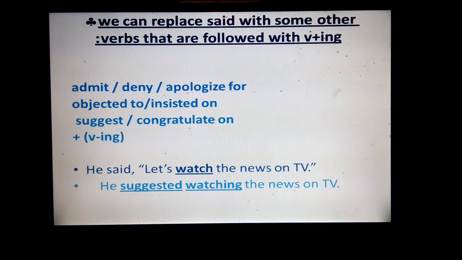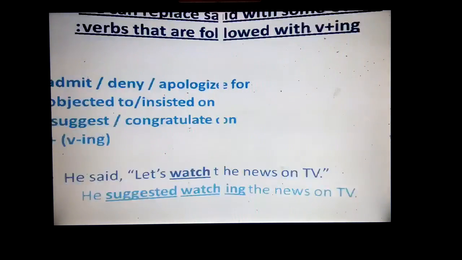Example: he said, "Let's watch the news on TV." He suggested watching the news on TV. "Suggest" plus verb plus ing is one of the rules for suggest. Because we replaced "said" with "suggest", we used "watching" instead of "let's watch".